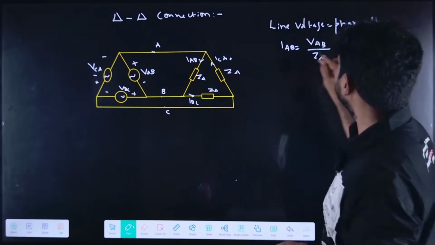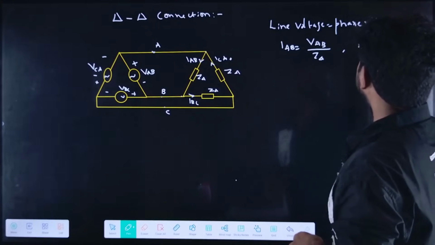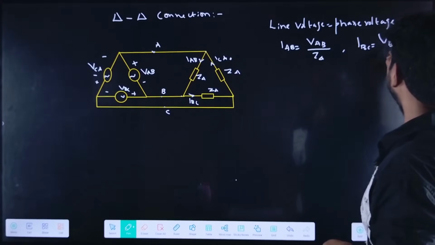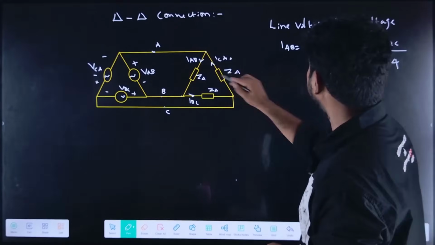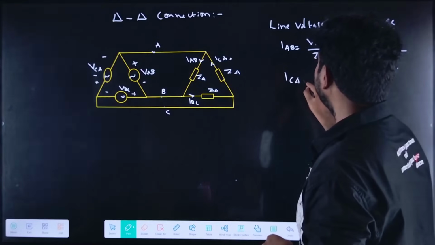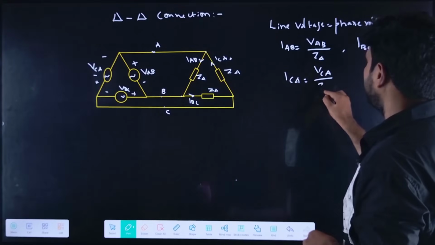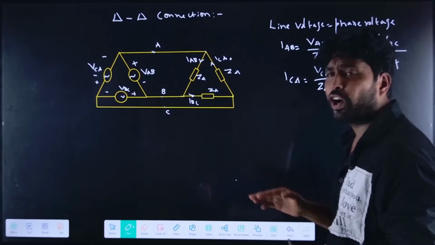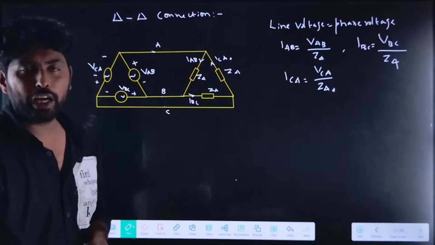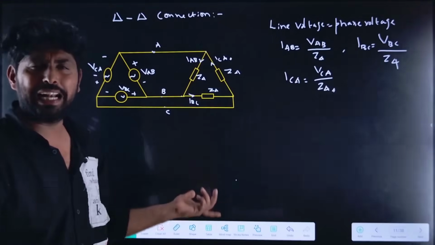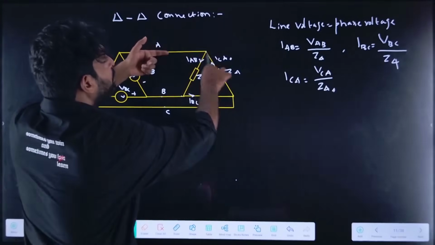Similarly, IBC equals VBC divided by Z delta, and ICA equals VCA divided by Z delta. Now we have IAB, IBC, and ICA, so from this you can find the line currents, as we know it is delta connected. Previously we derived IA equal to IAB minus ICA.